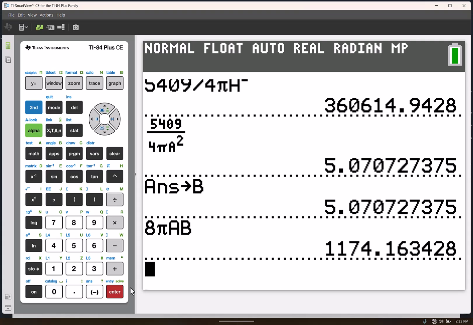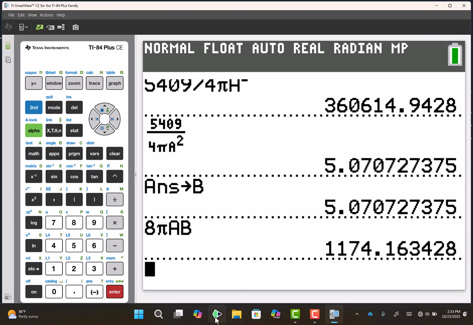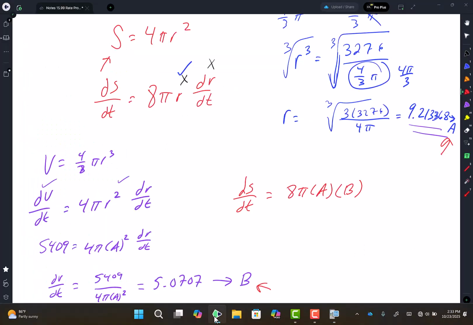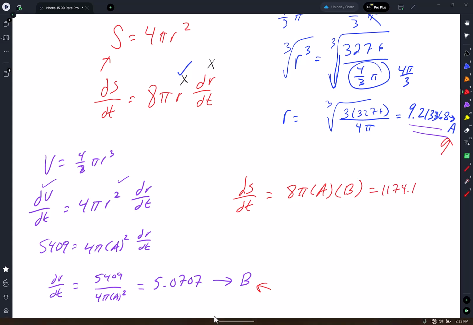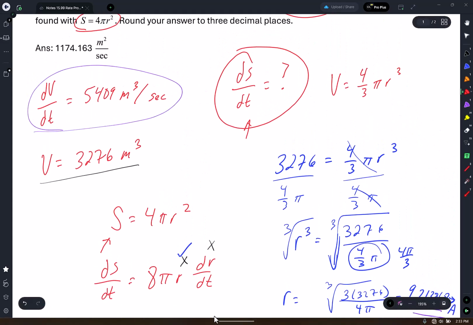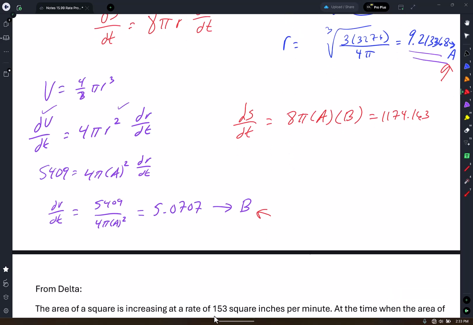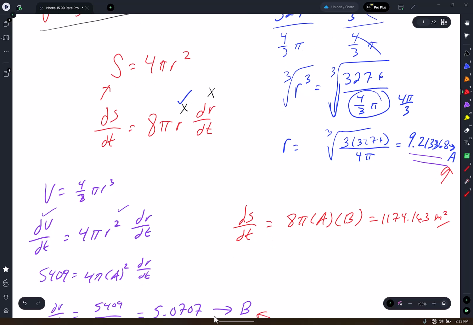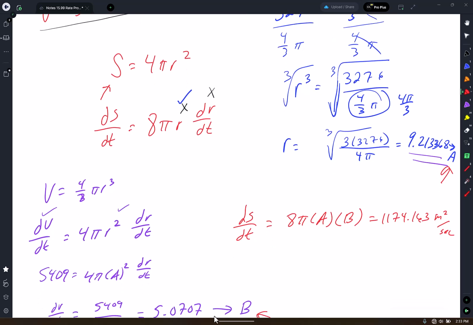And there it is, 1174.163. And I need units, square meters per second. That's the rate of change of my area, or surface area.